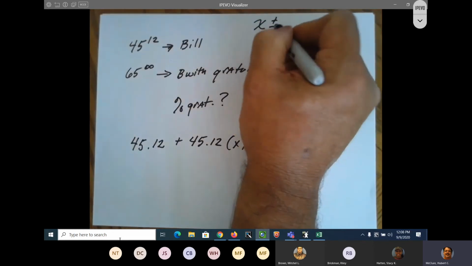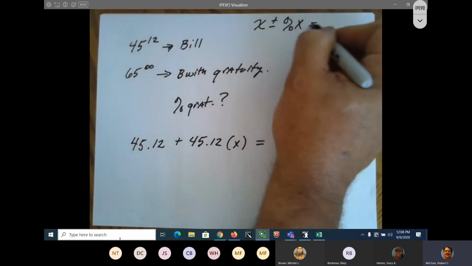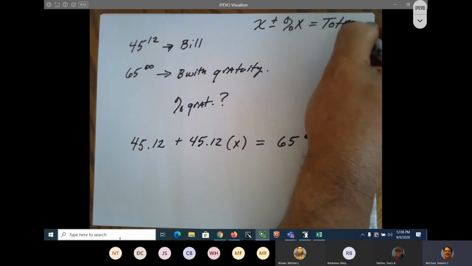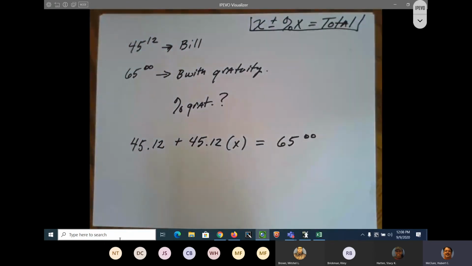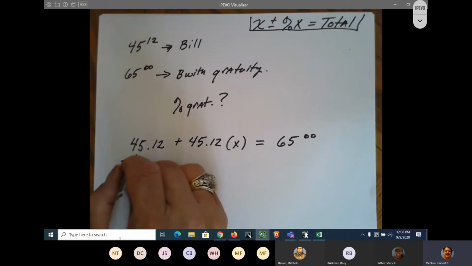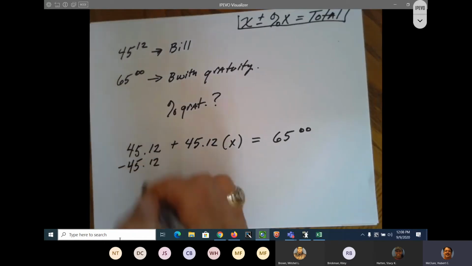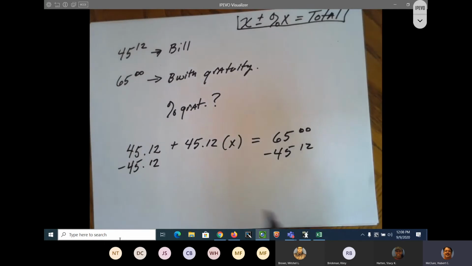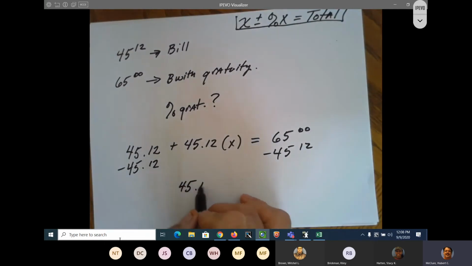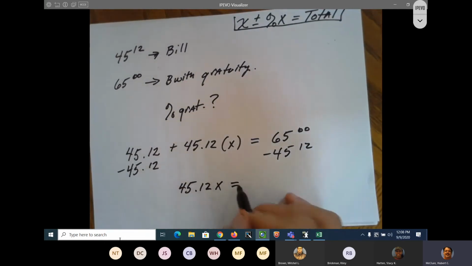X plus percentage X is equal to the total. So I got to subtract 45.12. That's going to give me 45.12 X is equal to, well, let's not make a mistake.